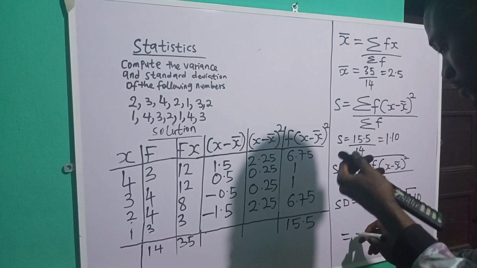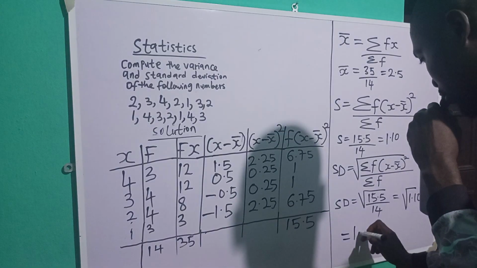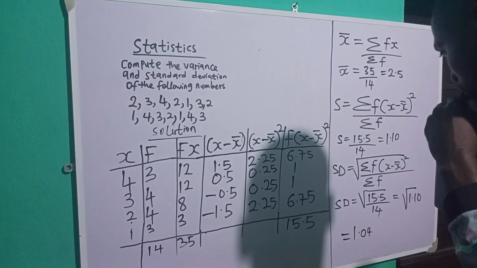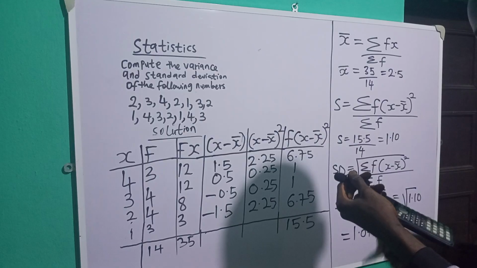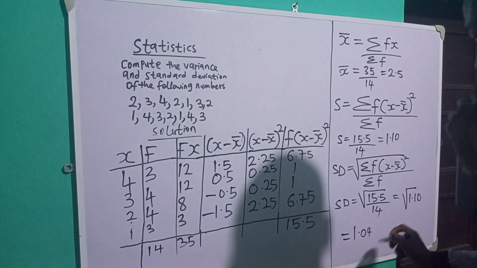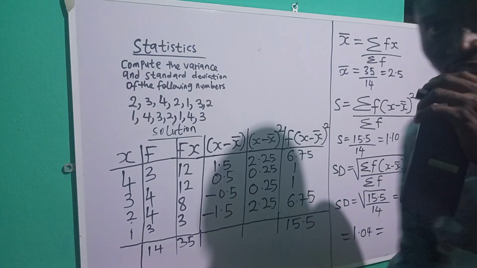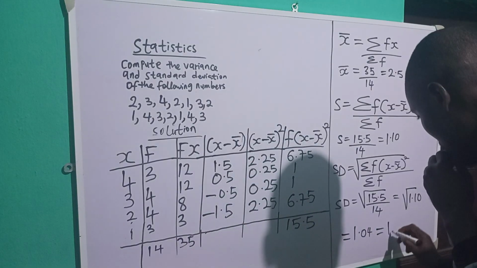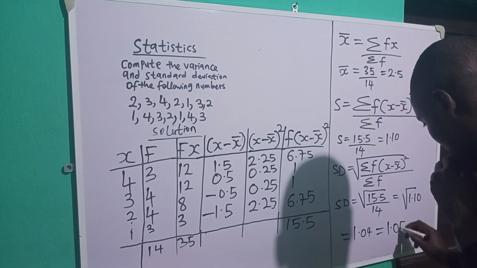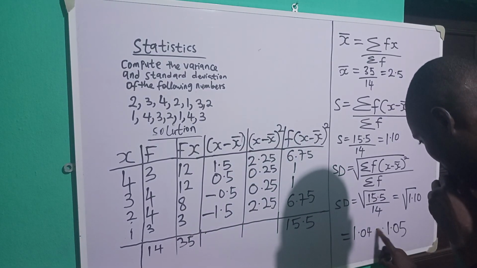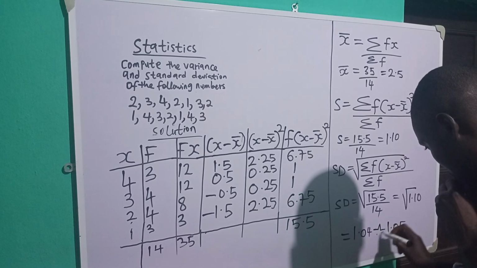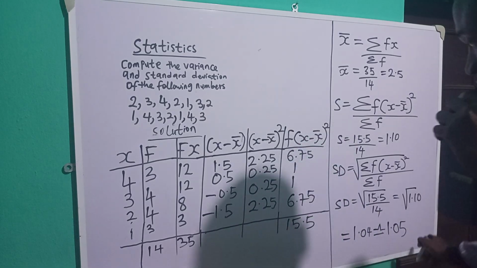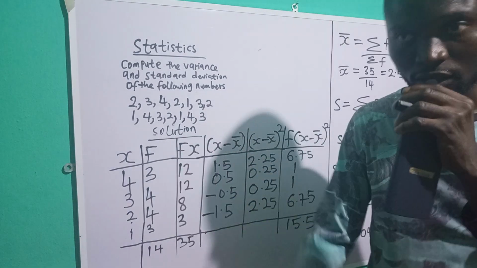That will give me 1.04. And in standard deviation we do approximation. So if I approximate 1.04, it will be 1.05. So this is the standard deviation. Bye.